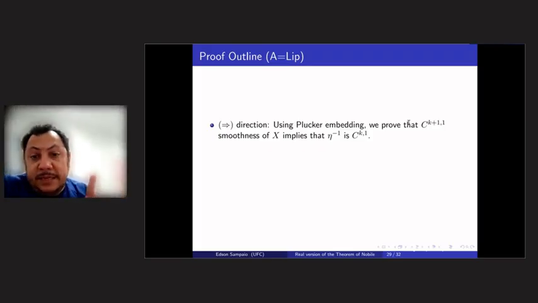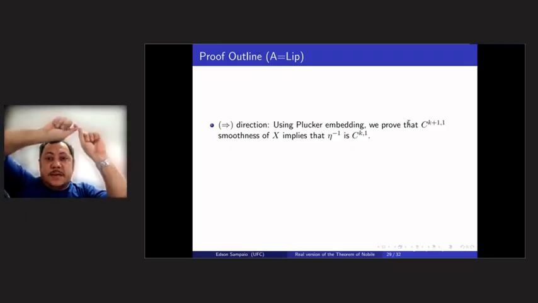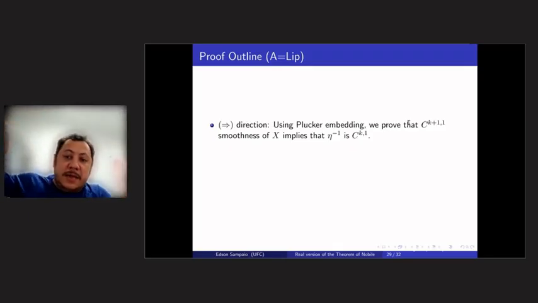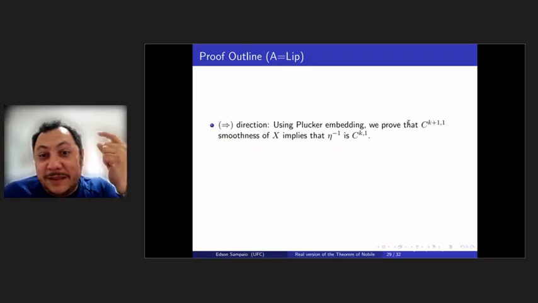And then you can see the inverse of the Nash mapping, and then you can take the Plücker embedding, and you look at the coordinates of the embedding. The Plücker embedding is algebraic, so in particular C infinity. So when you look at the coordinates of the Plücker embedding, here appear the partial derivatives of the map that gives the graph. Let me say x is the graph of a function h, for example.